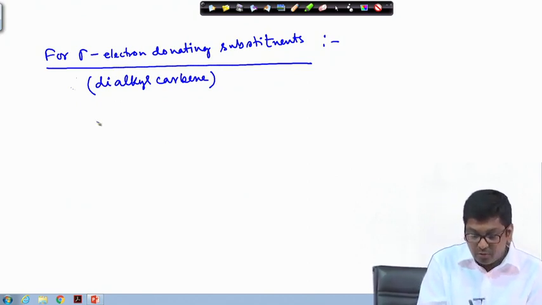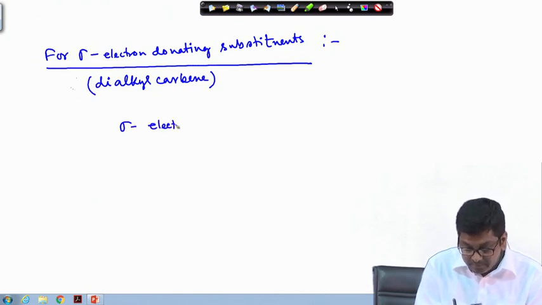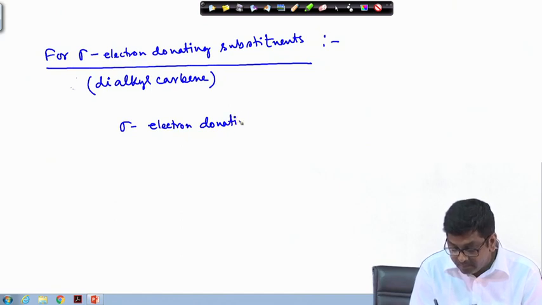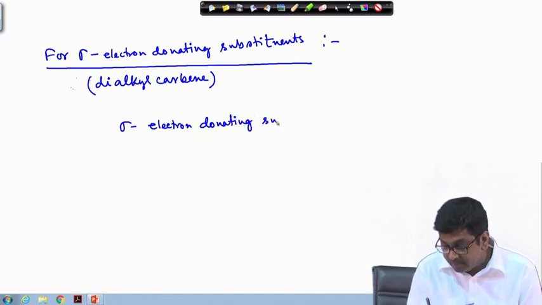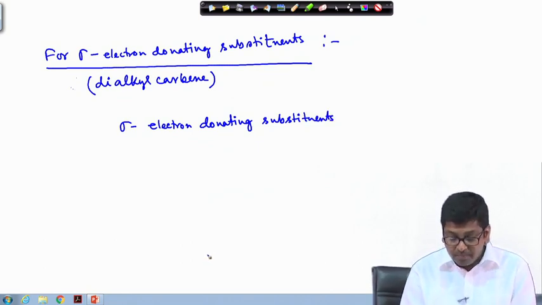Once sigma electron donating substituents are there, what will it do?